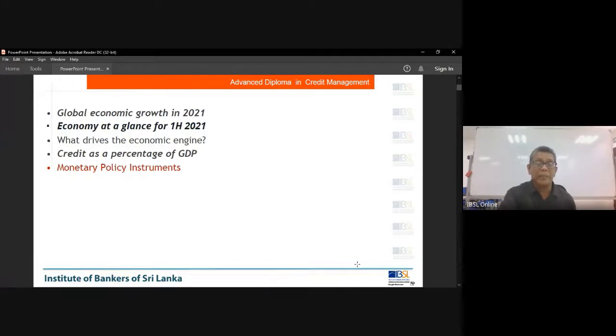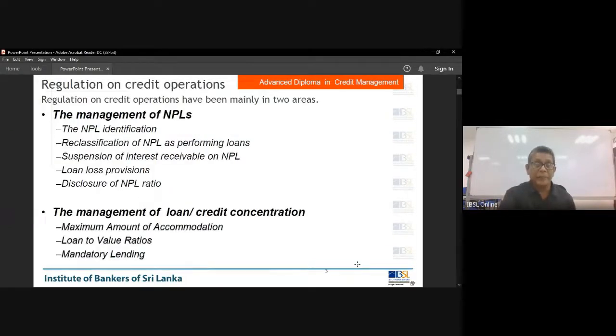And then we discussed the monetary policy instruments and how these instruments are used in facilitating credit business, in detail. After that, we discussed the regulation on credit operations.